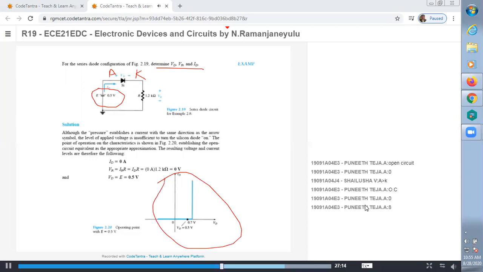That means for a silicon diode, once the diode voltage is greater than 0.7, then only it will conduct. Remember this one, right? That means the diode voltage must be greater than 0.7, then only it will conduct the current. But here what is the input voltage? Input voltage is less than 0.7, it is 0.5.